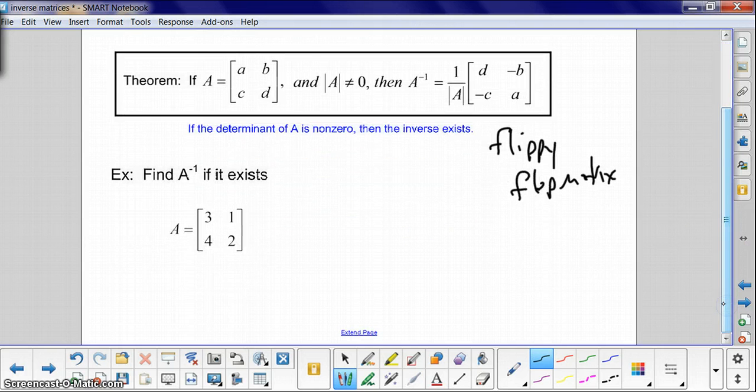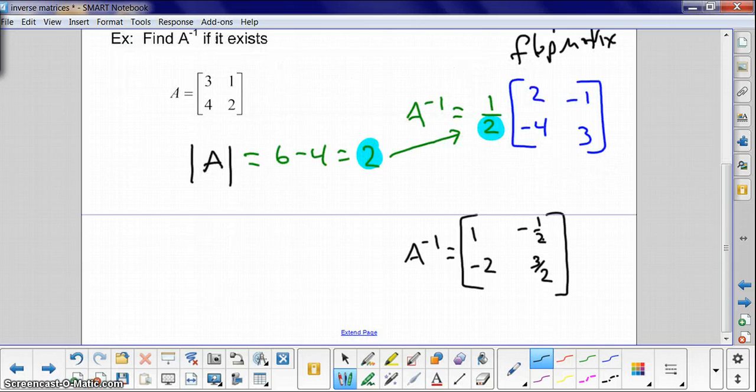So when I come down here and I give you matrix A and I ask you to find A inverse if it exists, well, it's a multi-step process. First thing I want to do is find the determinant of A, and as long as that's not 0, then I can go ahead and find the inverse. Let's see how that looks. I'm going to do my work while it's on pause so I can save some time. Okay, I found the determinant to be 6 minus 4 is 2.